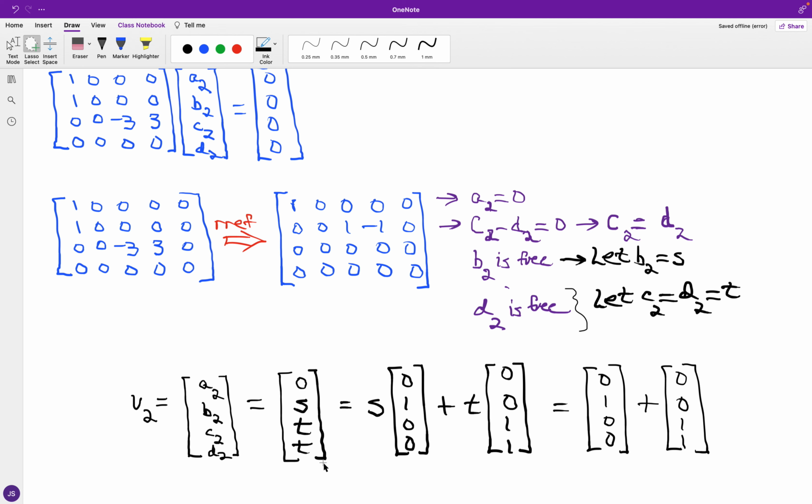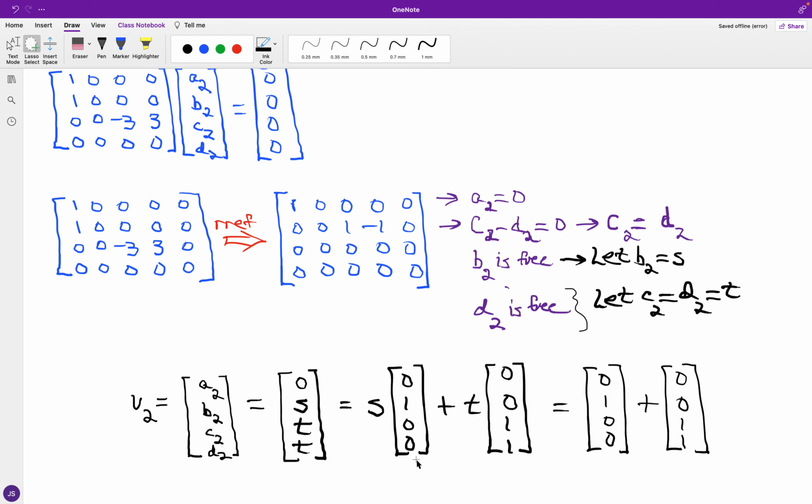c sub 2 and d sub 2 are each going to be t. If we factor out the variables and separate, if I factor out s, we get 0, 1, since we factor out s from the second row, and since we don't have an s term in the bottom 2 rows, we have 0 and 0 to follow.